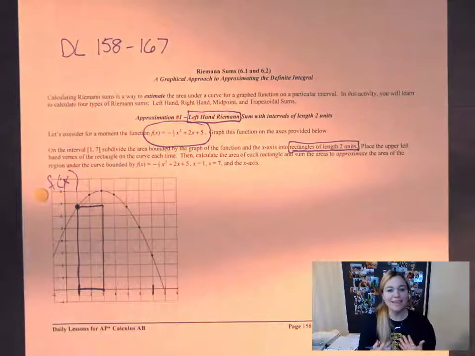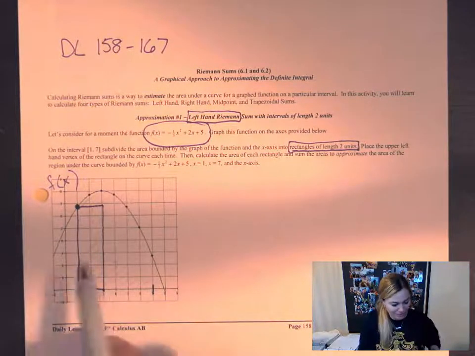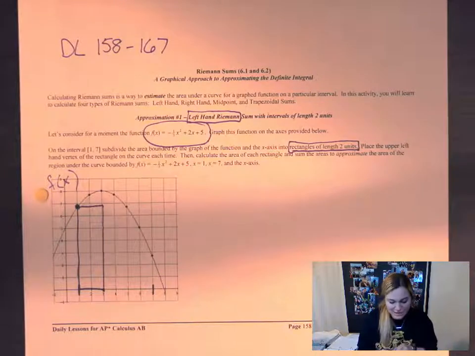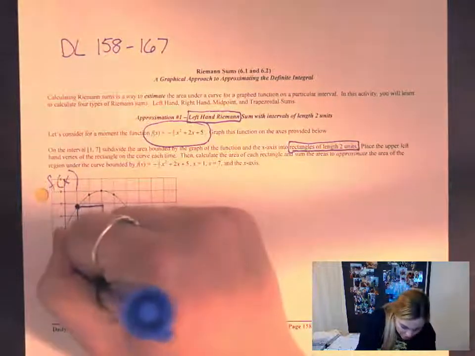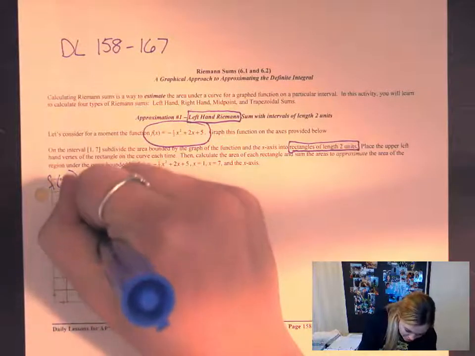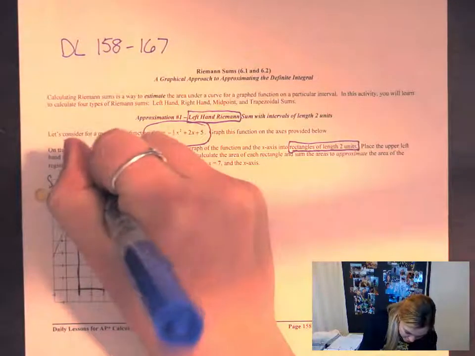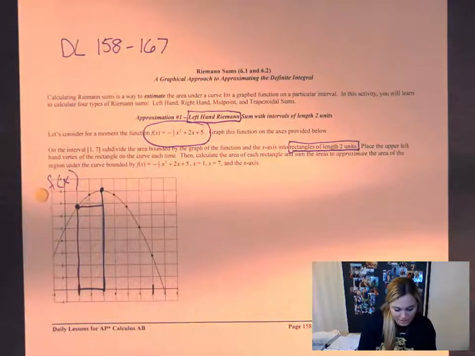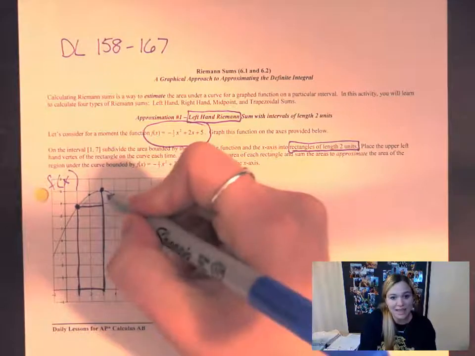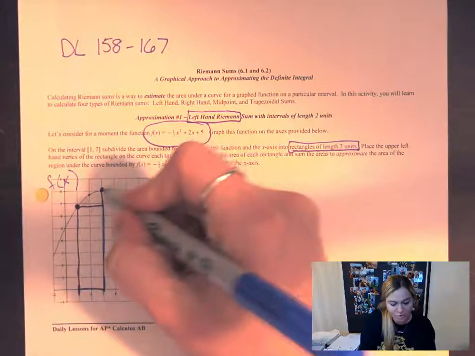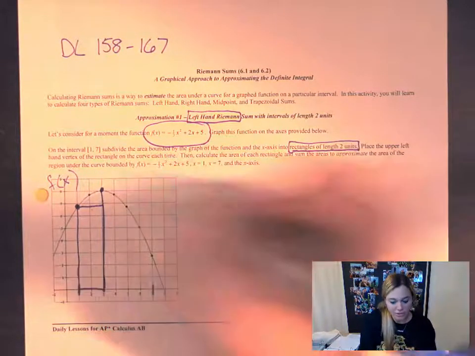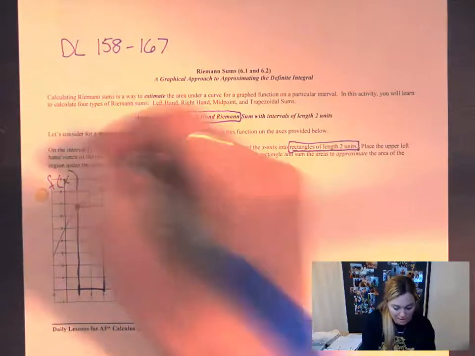So I'm filling in that shape. So I found the first rectangle. Here, if I did it for a second one, I'm going to go the whole way up until I get to the top function. This is a left-hand Riemann sum, so the top left part of my function, that's where I'm going to determine the height.